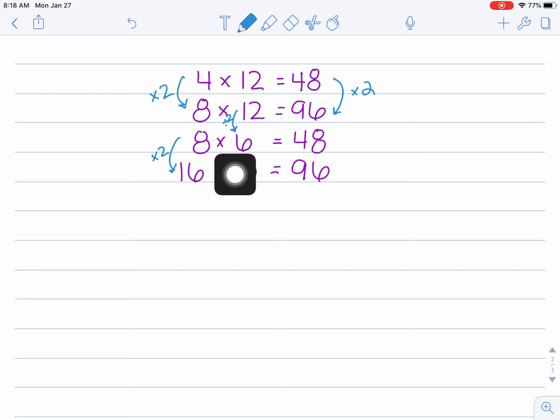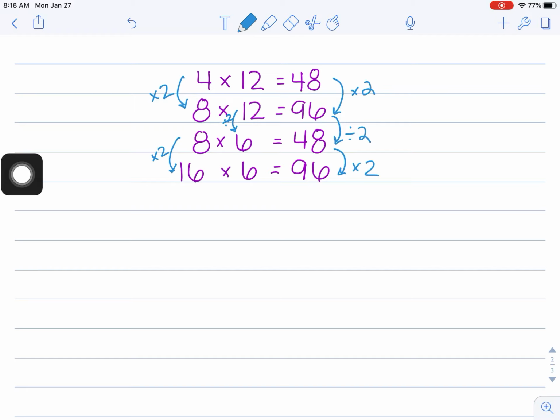When I go from 8 times 12 to 8 times 6, my product is divided in half, right? And once again, when I go from 8 times 6 to 16 times 6, my product has doubled. So the problems are kind of alike, okay? So the first answer might be doubled or halved depending on what your other factors are.